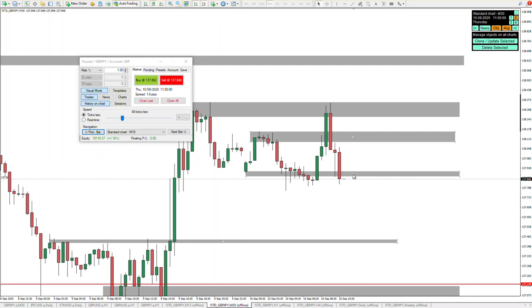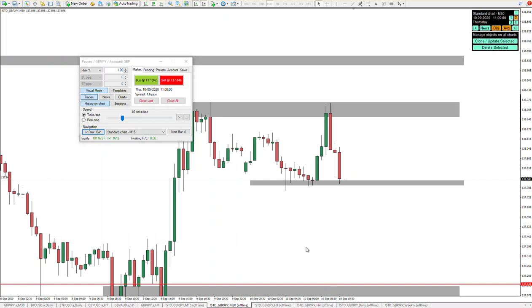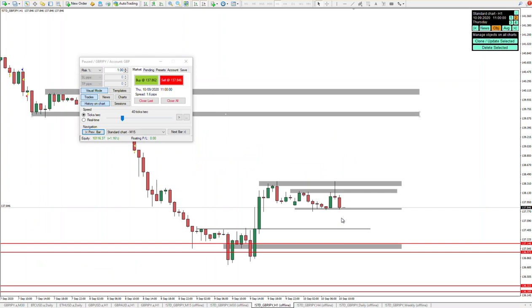I don't know why I didn't update my zones. It looks so nasty. Also the hourly closed above support. There's no way we can sell right now.